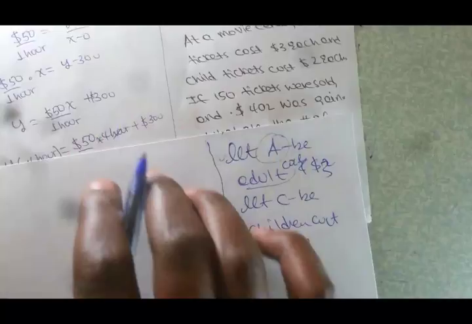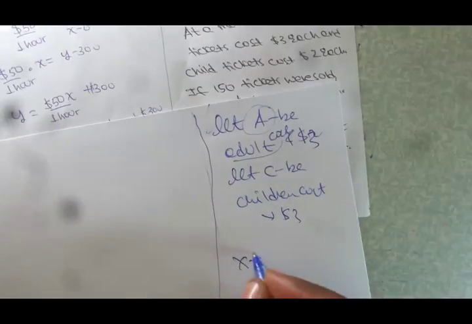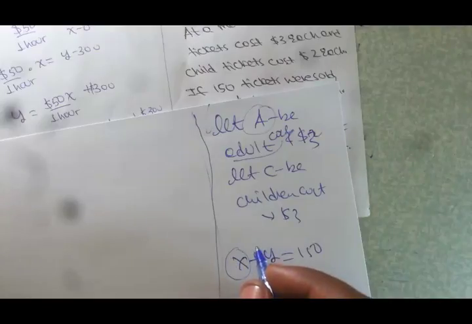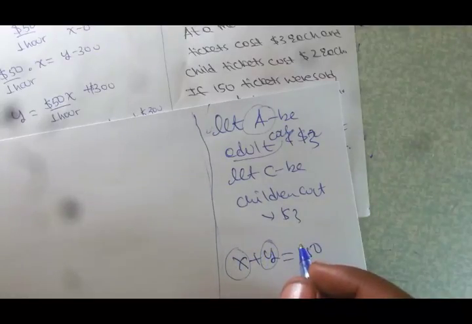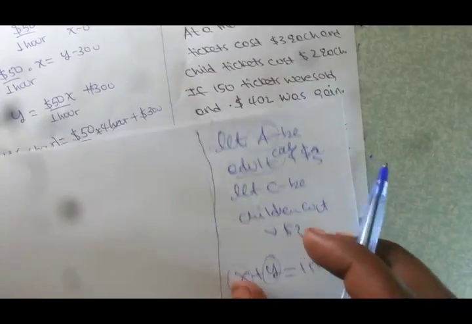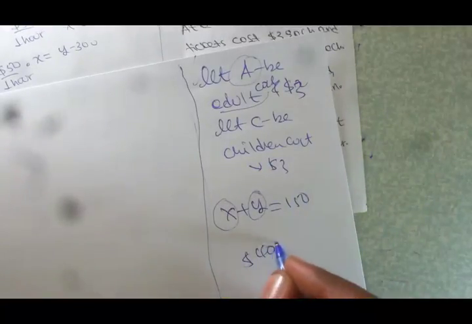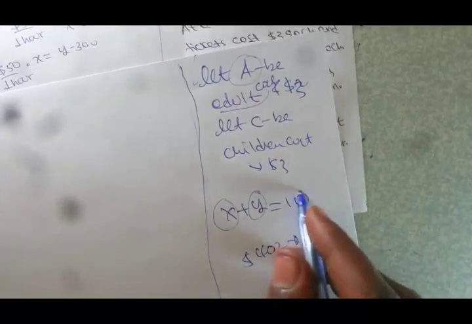If 115 tickets were sold, that means x plus y is equal to 115. We don't know how many adult tickets and how many children tickets have been sold, but we know that 115 tickets have been sold for both children and adults, and $402 has been generated by selling them.